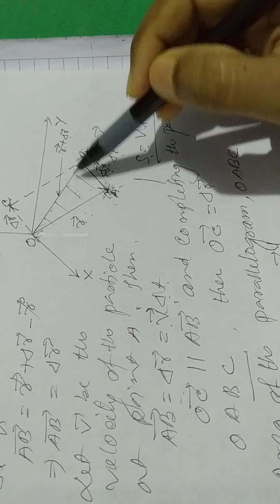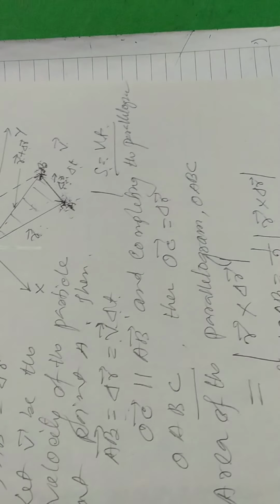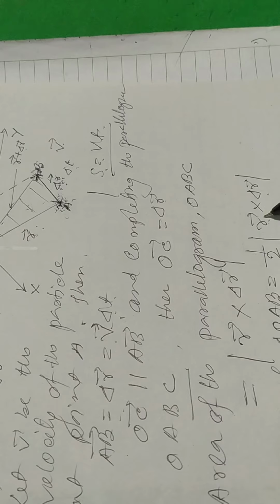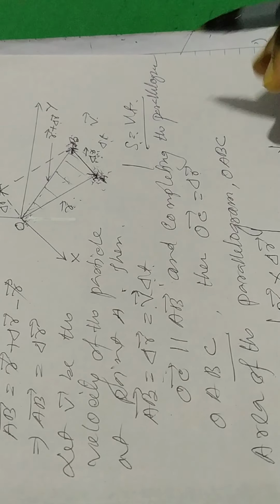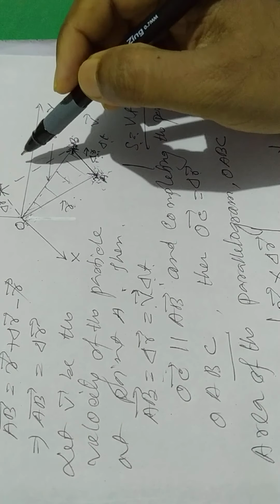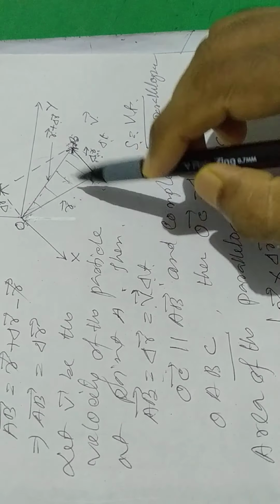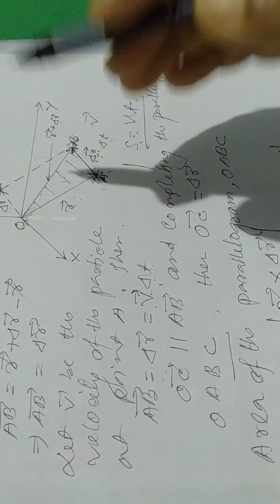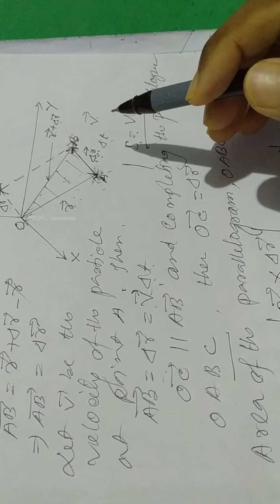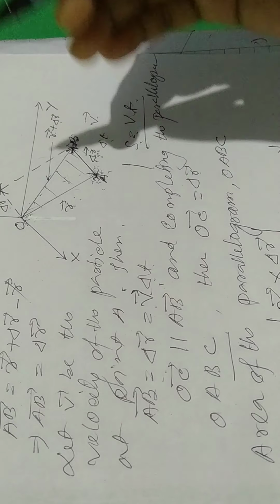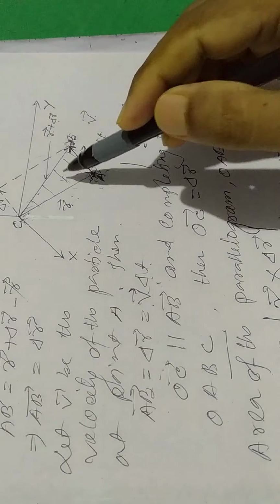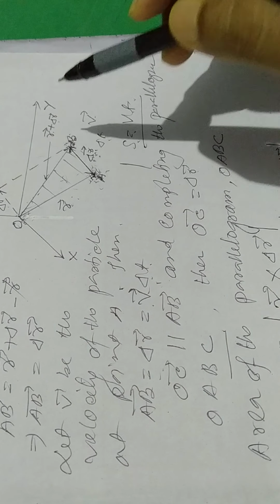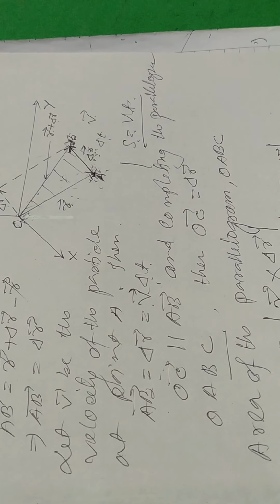Then the area covered by this position vector is half R cross del R. So the area of the triangle OAB represents the area swept by the particle in the time interval del t.